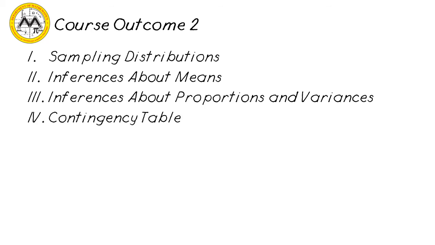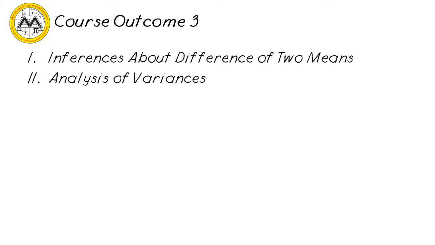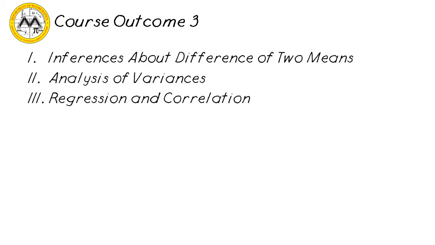And it will also include contingency table. For course outcome 3, this would be about several variables or several factors. So this would include inferences about difference of two means, two proportions, variances, and regression and correlation.